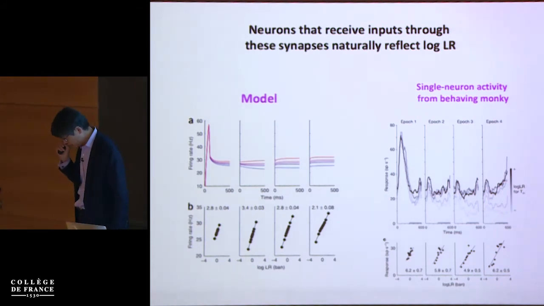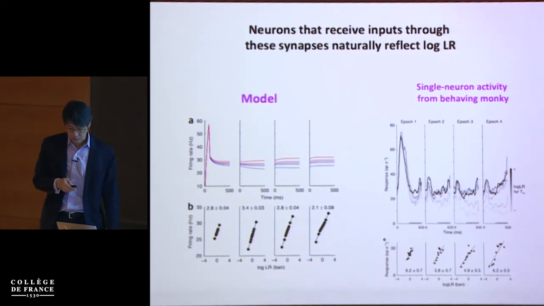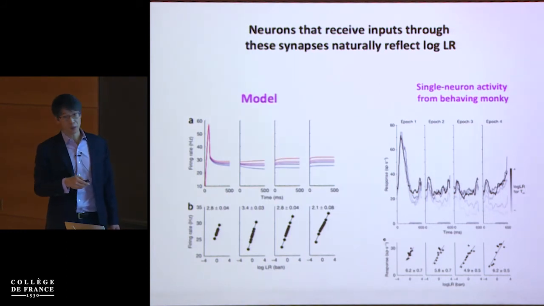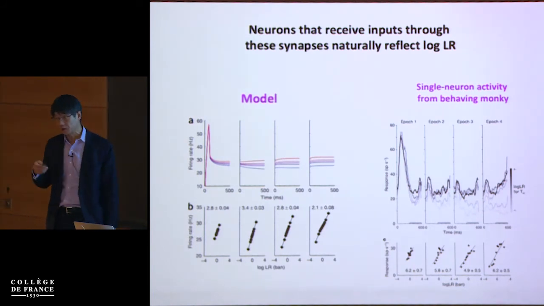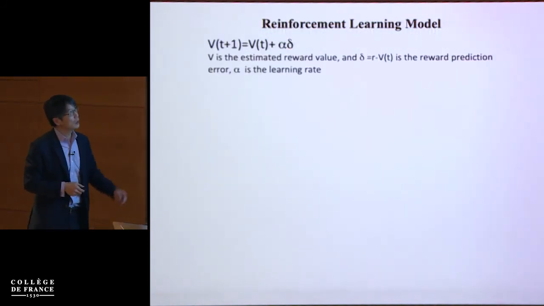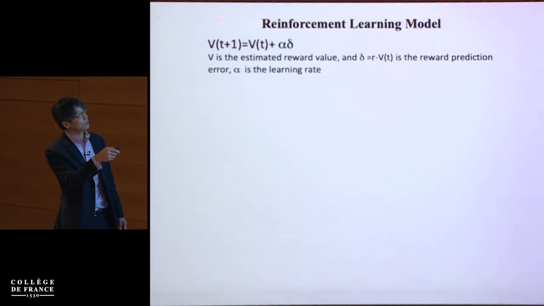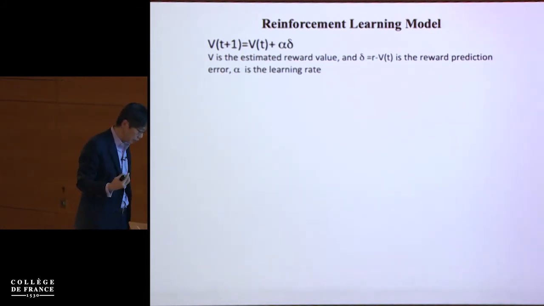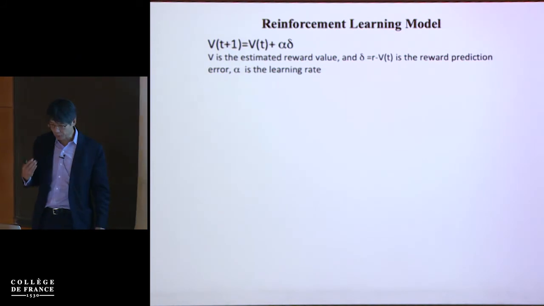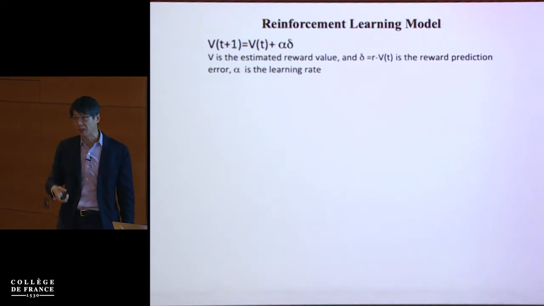Before I move on, let me make another point, which I thought is quite interesting. The learning rate is something that everybody cares about, in the context of meta-learning, in the context of volatility. So let me make a point where the kind of learning rule I explained to you is very similar to this one, although not exactly the same, which is familiar to perhaps everybody here. This is a very simple reinforcement learning model where you try to compute an expected value function V for a given sequence of reward events, right?